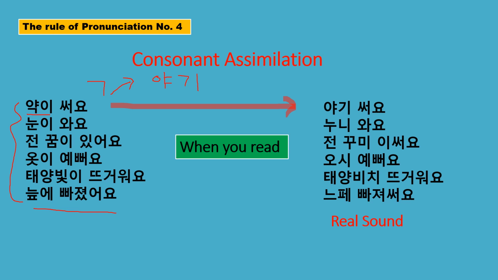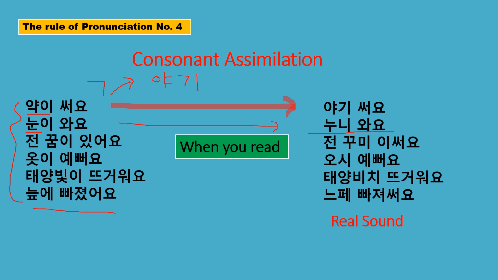Okay? 이야기 써요. Alright, and 눈이 와요. Okay, like this. 눈이 와요. The consonant 니은 jumps up, right, to the vowel 이. Okay, like this. 눈이 와요.